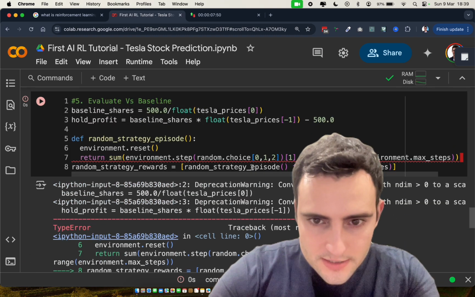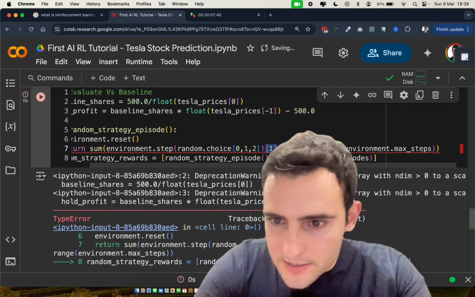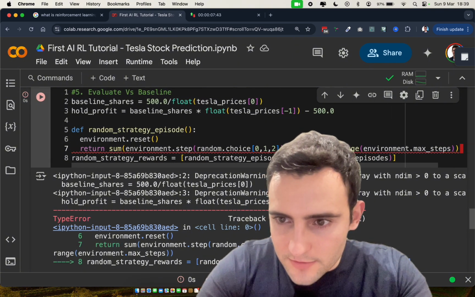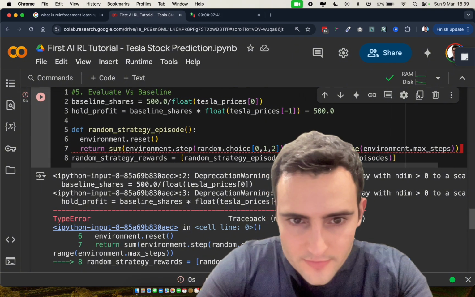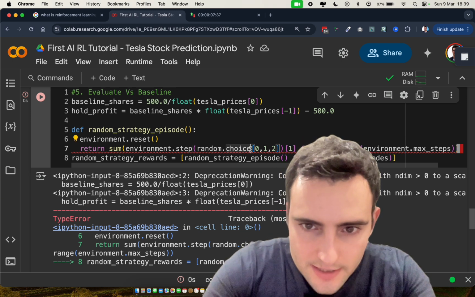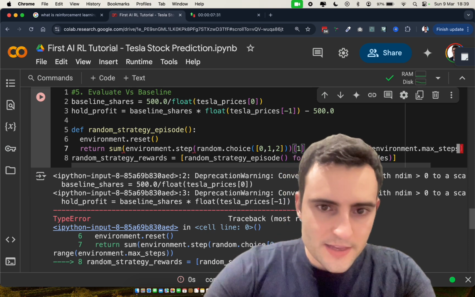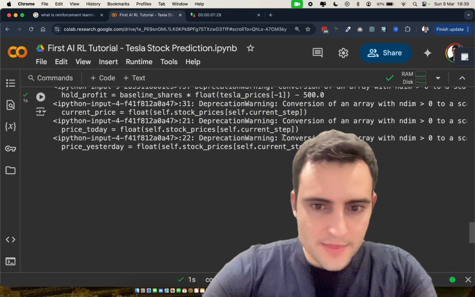So sum random.choice. Let me just double check that I have everything right. I have to do random.choice here, and I do another bracket here. And I believe that is how we do it. So we run this, and there we go.